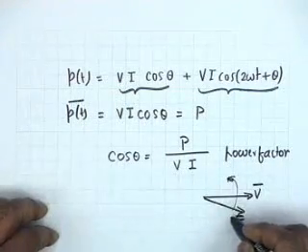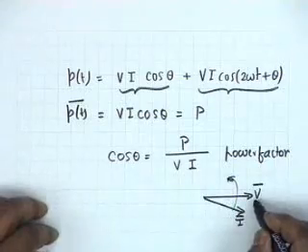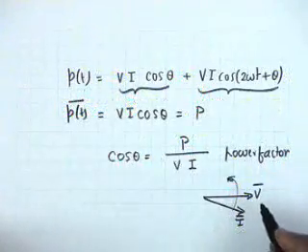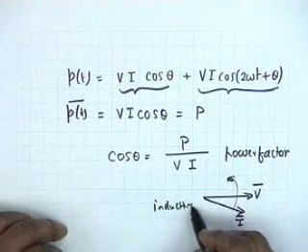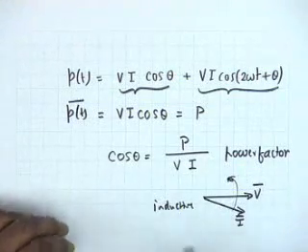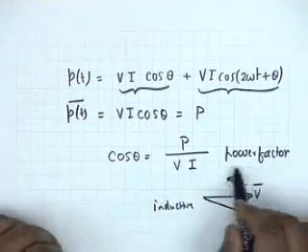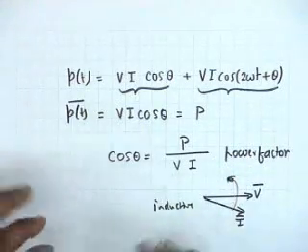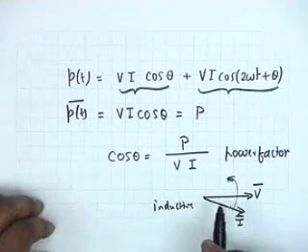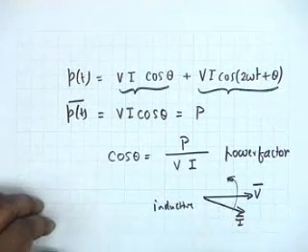The current goes in this direction compared to the V phasor, and therefore the current lags the voltage in an inductive circuit. Whether theta is positive or negative makes no difference to the power factor, because cosine of minus theta is cosine theta. But in such a situation, we say it is a lagging power factor.